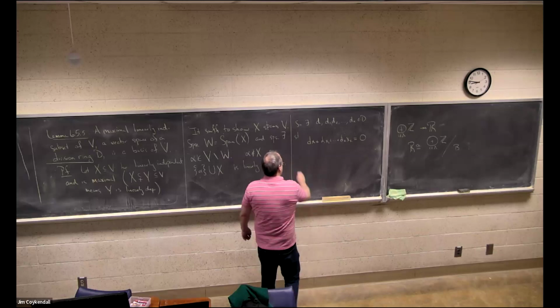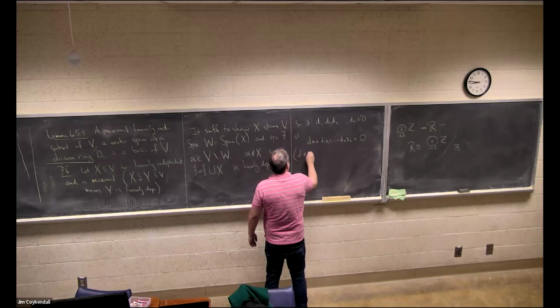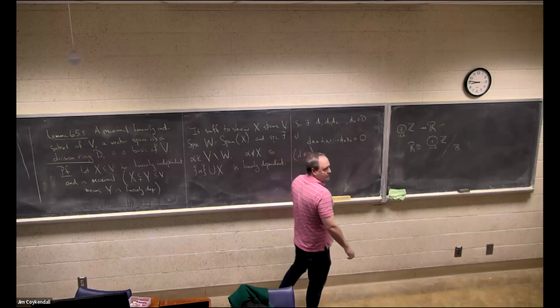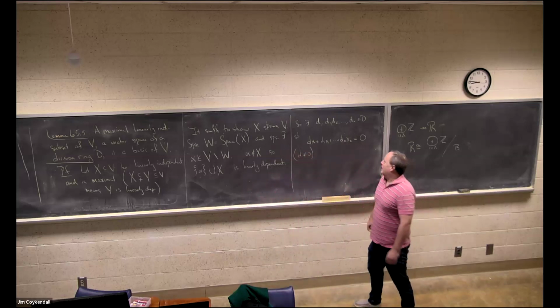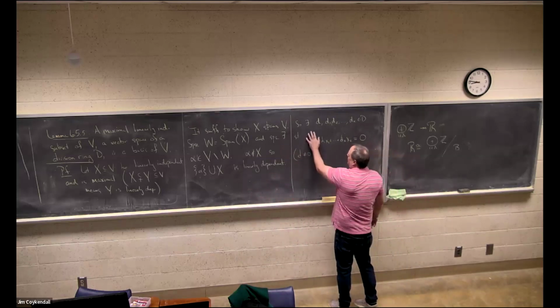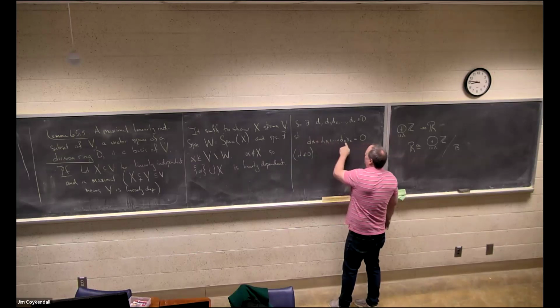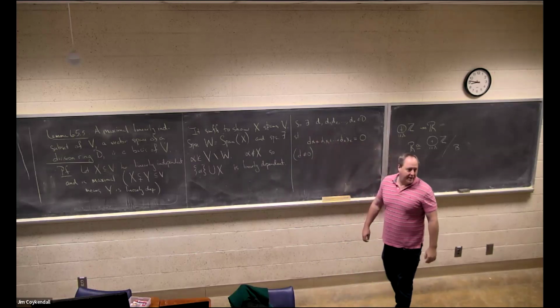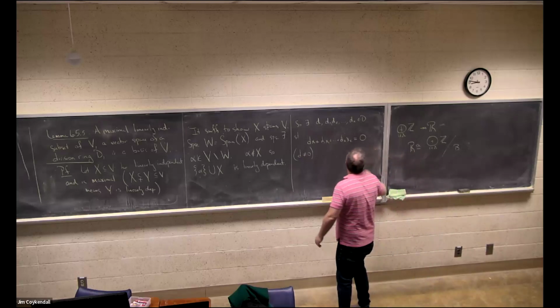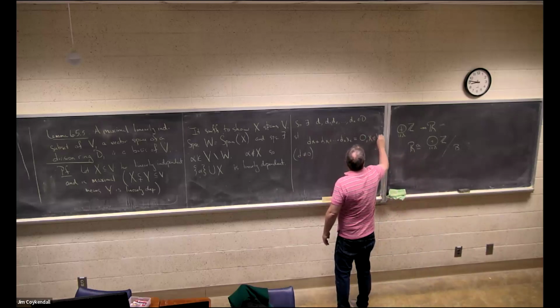And let me point out that D is not equal to 0, or we can assume that, because if D was 0, then that forces all the rest of these to be 0, and we exclude that, of course.